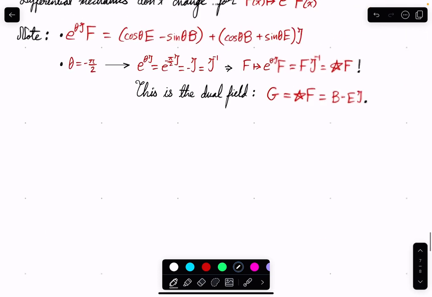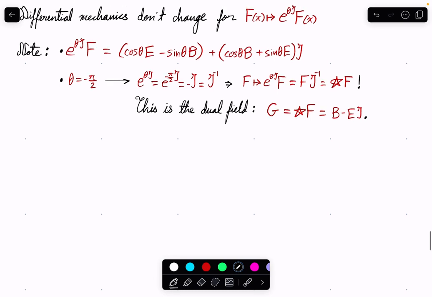Then the fact that these phase factors don't change the behavior of the bivector field under the gradient is known as the dual symmetry in vacuum.